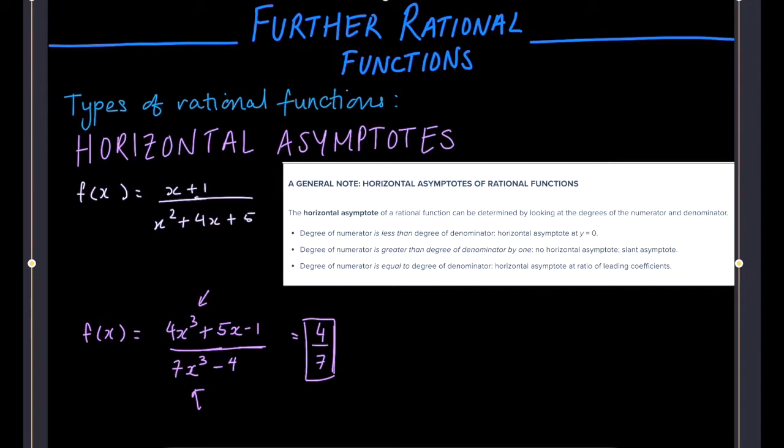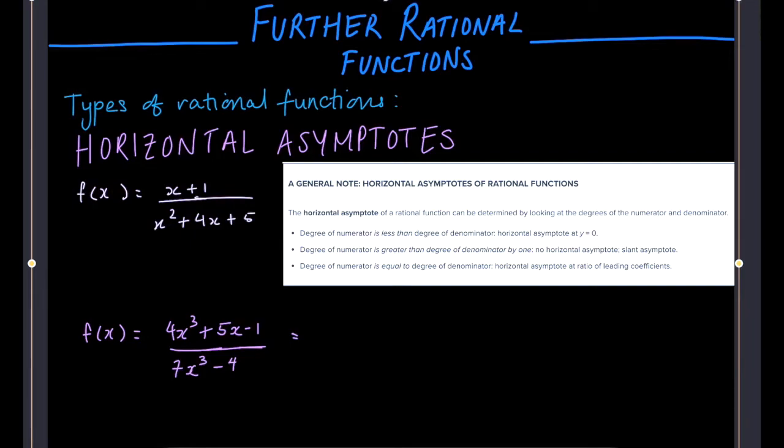And one more thing, the second point says that if the degree of the numerator is greater than the degree of the denominator by 1, there's no horizontal asymptote. You wouldn't have a situation where the degree of the numerator is greater than the degree of the denominator by more than 1. Let's say, you wouldn't have x to the 5 in the numerator and x in the denominator.